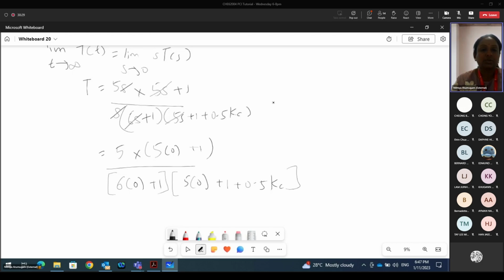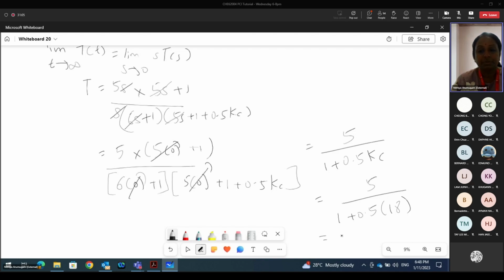When we cancel out the 5 on top, this portion will be just 5, and this one will be just 1. Here also 0, so it is just 1 plus 0.5 Kc.